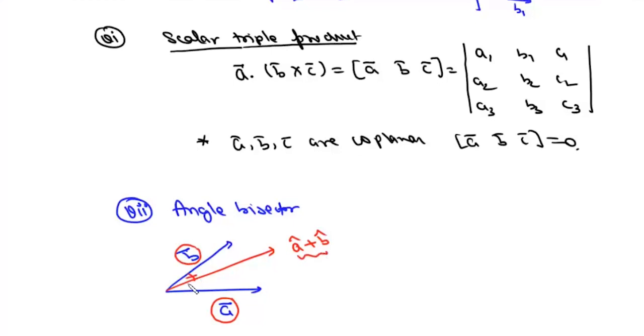Then we'll get the internal angle bisector. And if we need the external angle bisector, then it'll be given by A cap minus B cap. So from the two vectors or from the two given lines, we can always find a vector in the direction of their internal or external angle bisectors. So primarily these are 7 prerequisites that we need from vectors.